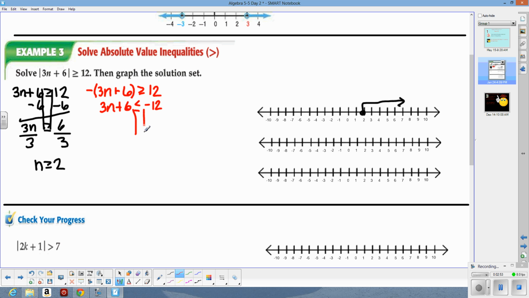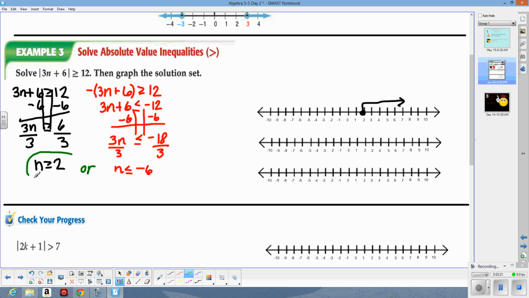Now subtract 6 from both sides. 3n is less than or equal to negative 18. Divide both sides by 3. And you get n is less than or equal to negative 6. These two inequalities are going to be joined by the word or.